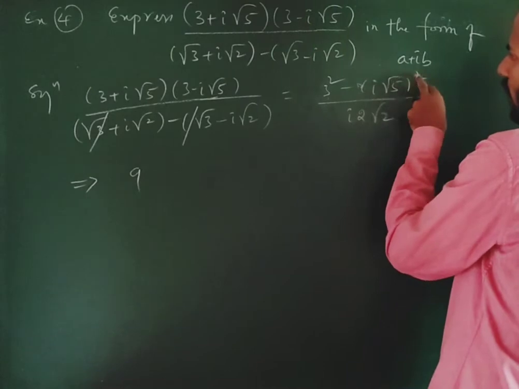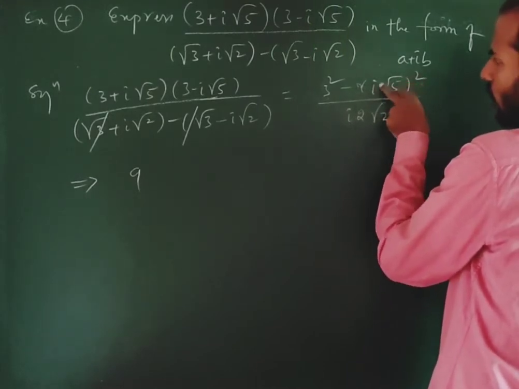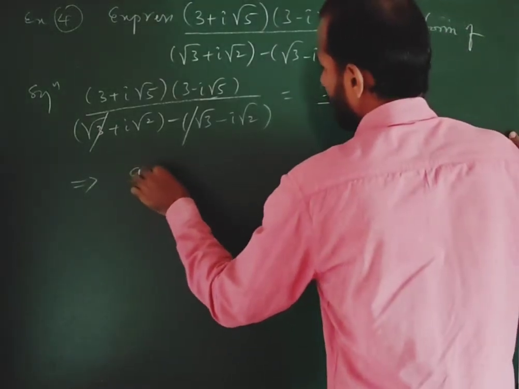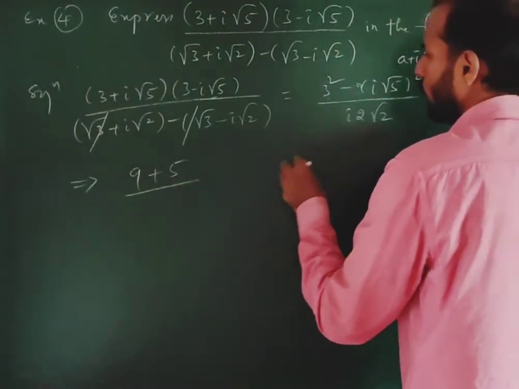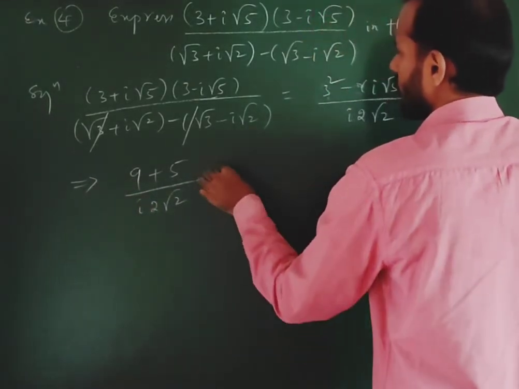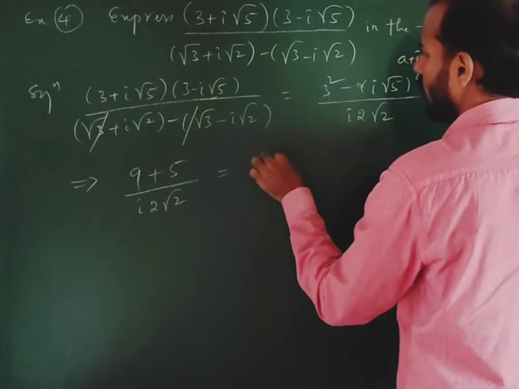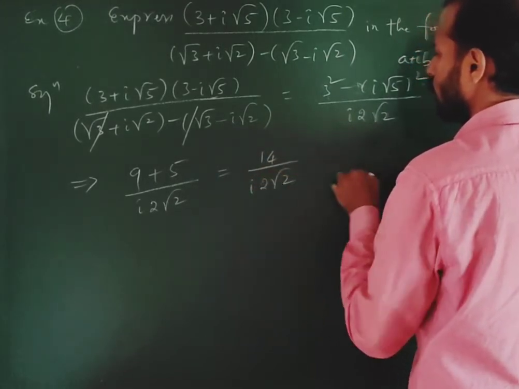Again here the square root gets cancelled, 5 as it is. I square means minus 1, minus minus plus, so 9 plus 5. In the denominator we get 2i root 2. That is 9 plus 5 is 14 by 2i root 2.